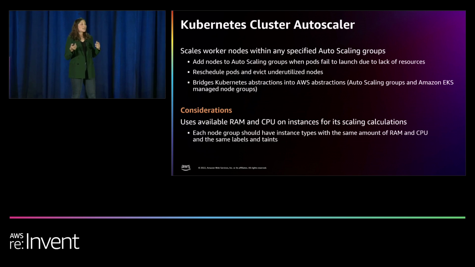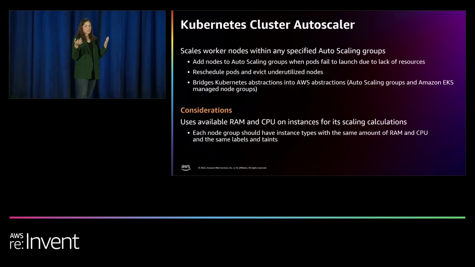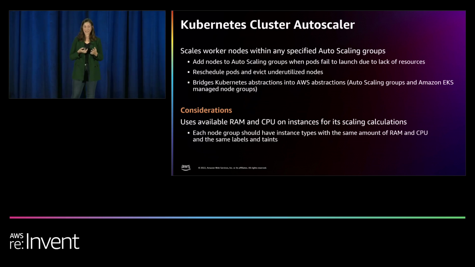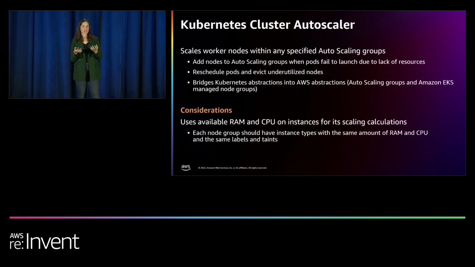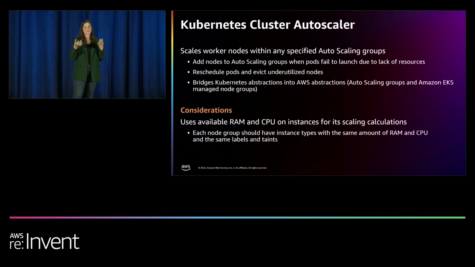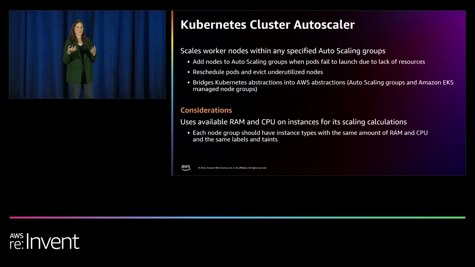Now, while cluster autoscaler is an essential piece that bridges between Kubernetes and autoscaling, it also brings a lot of challenges and reduces the flexibility that we want to have when working with modern applications in the cloud.